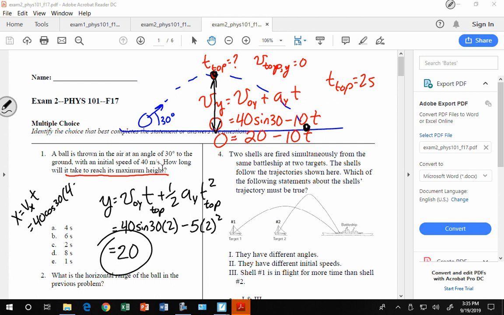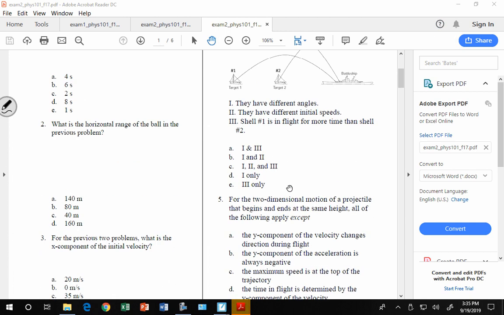So I use 4 seconds for the time there. 160 times 0.86. 100 or so. What's the answer? 139. Okay. Good with that? On the quiz tomorrow, okay? On the quiz.